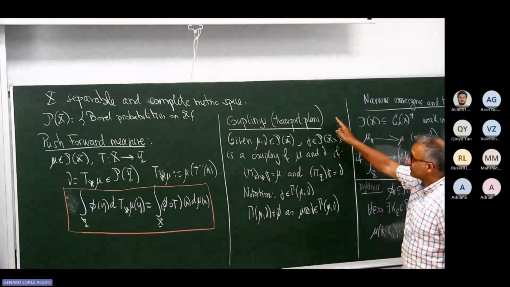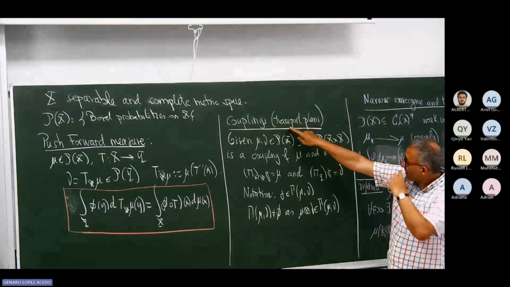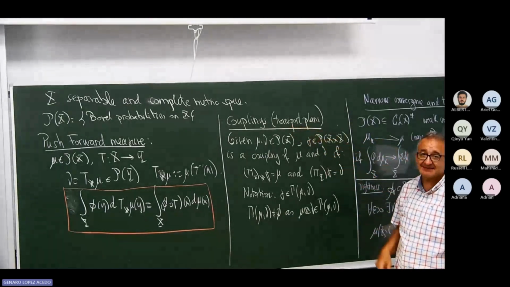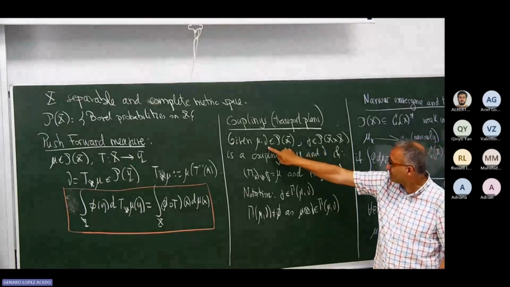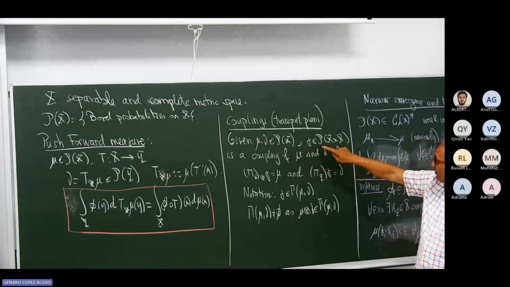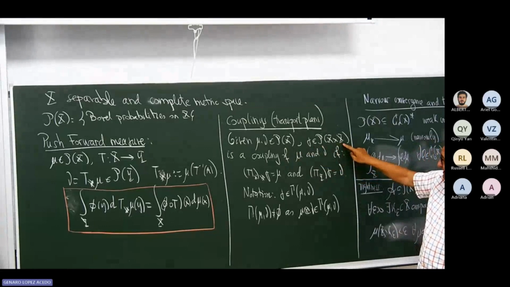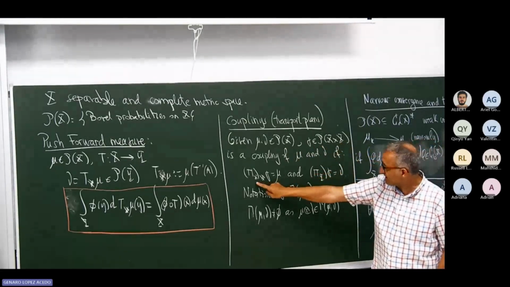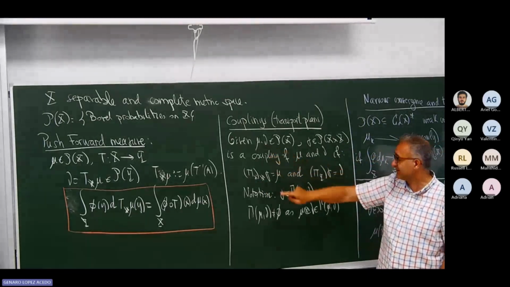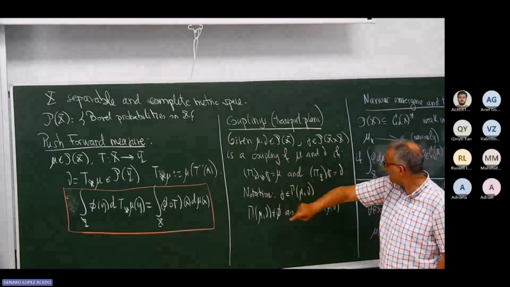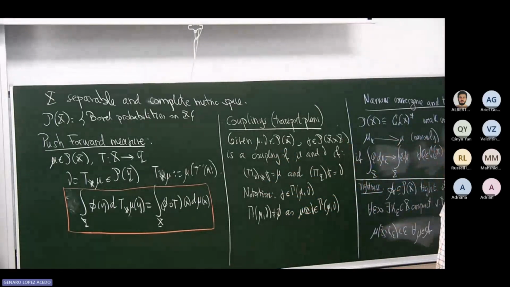A very important notion coming from optimal transport: the couplings. Couplings, also called transport plans, right? Basically, we have the metric space, we have two probabilities in the metric space, and we look for another probability in the product space in such a way that the marginal measures are the two given probabilities at the beginning, right?